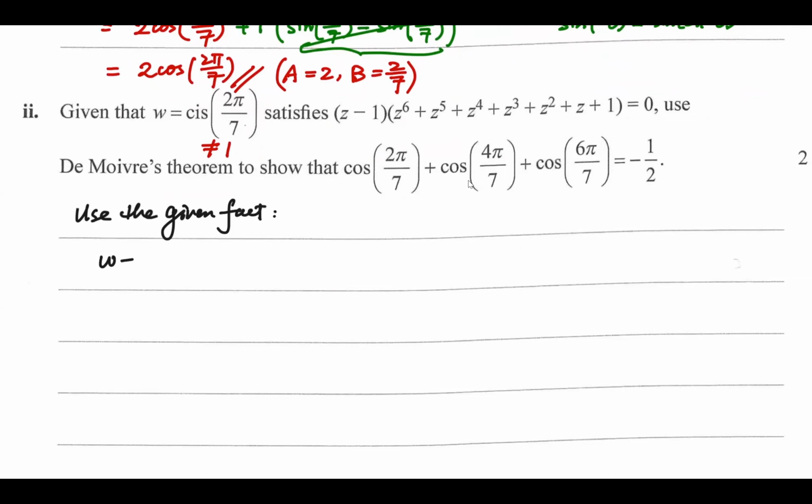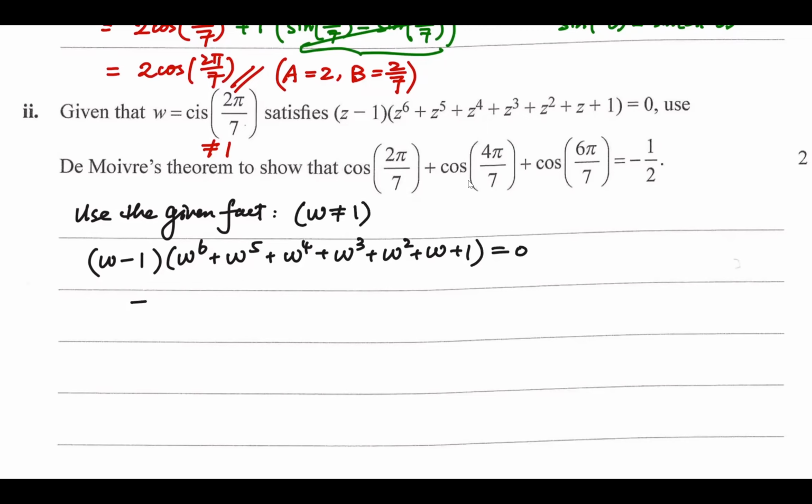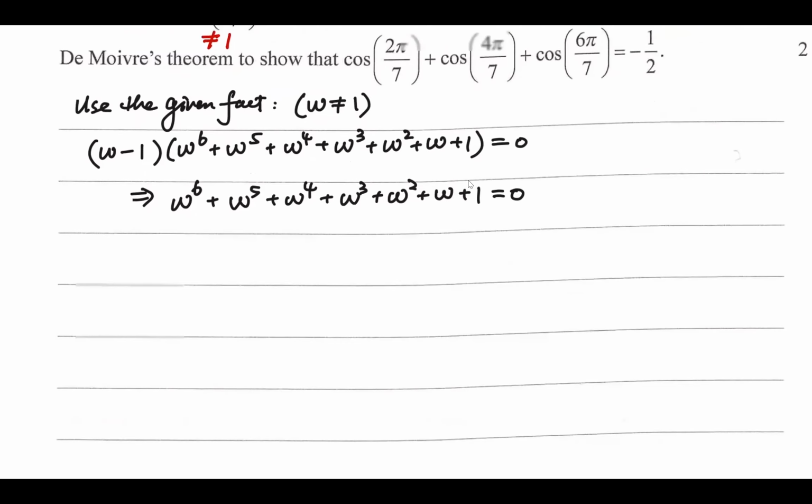We have W minus 1 times W^6 plus W^5 plus W^4 plus W^3 plus W squared plus W plus 1 equals 0. W is not equal to 1, so W^6 plus W^5 plus W^4 plus W^3 plus W squared plus W plus 1 equals 0.